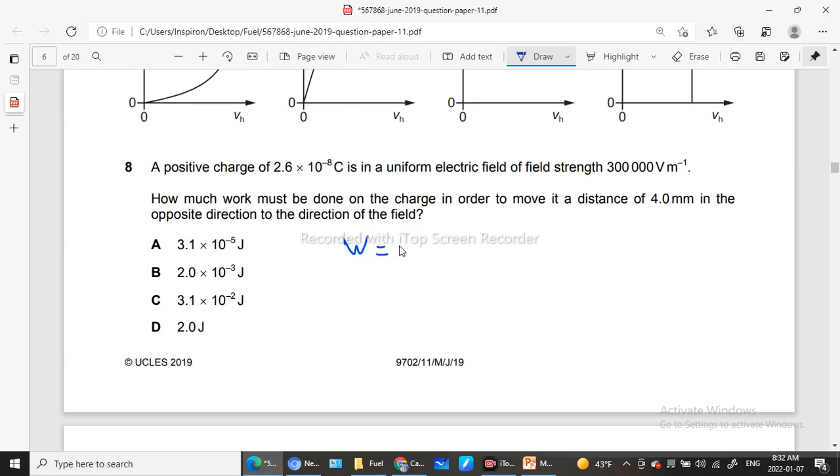Work equals the electric force times the distance, delta D. The electric force equals QE, the charge times the electric field, times delta D, equals 2.6 times 10 to negative 8. The electric field is 3 times 10 to 5.